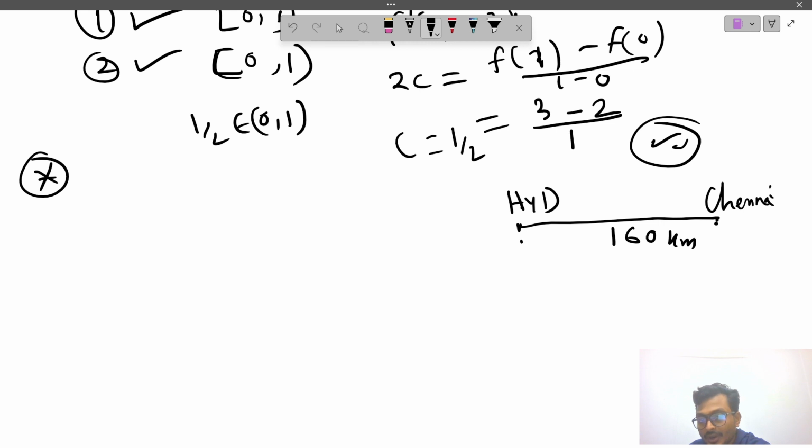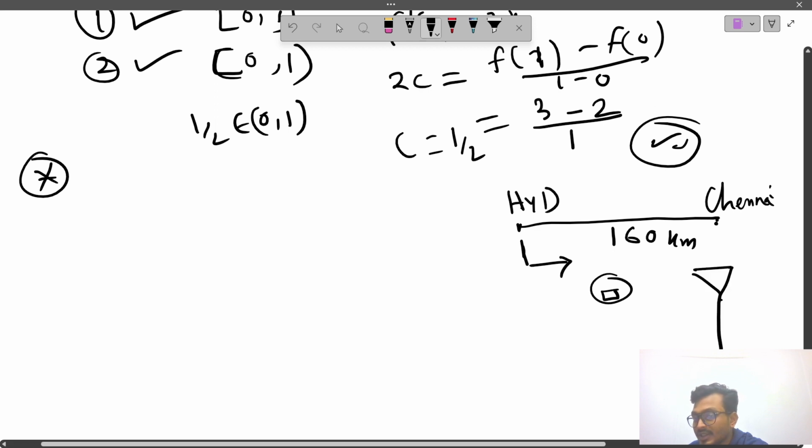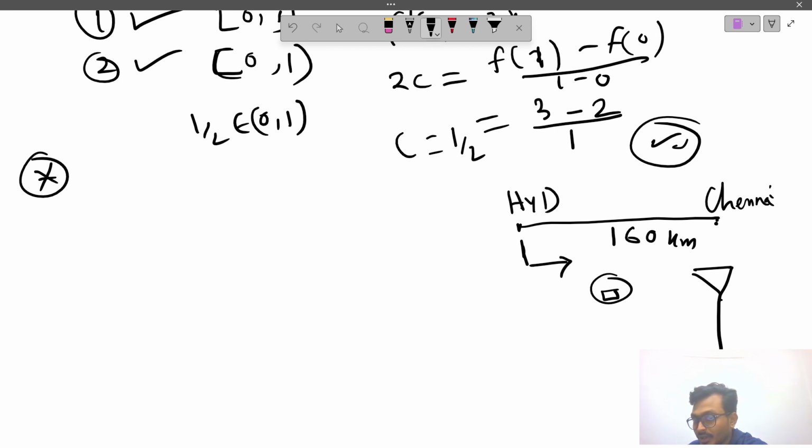Now one person from Hyderabad is going to Chennai with some velocity, we don't know the velocity, and at the speed breaker it is given that you cannot cross the velocity of 70 km per hour, right? If you cross 70 km per hour, then you will be arrested and you will have to pay some fine.